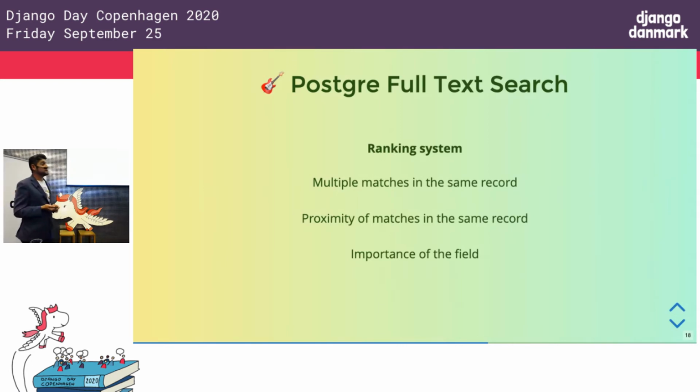It's going to match by proximity. If you're searching for website as 2 words, when these 2 words come together, they are going to match higher than if these 2 words come in different parts of the sentence. And you can specify the importance of the field. All of this is just configured in Django. And by the way, this doesn't require an external library. This is all built in Django.